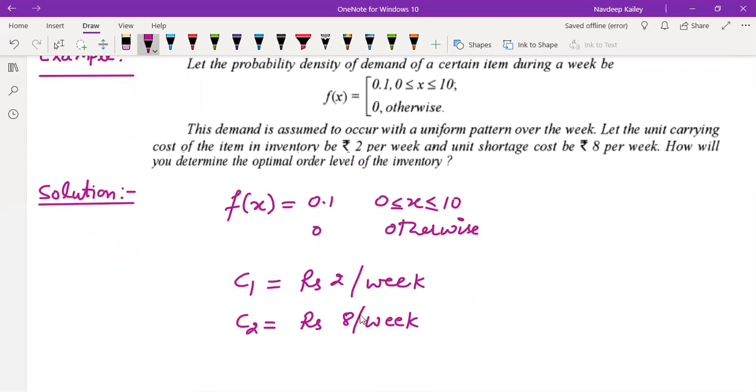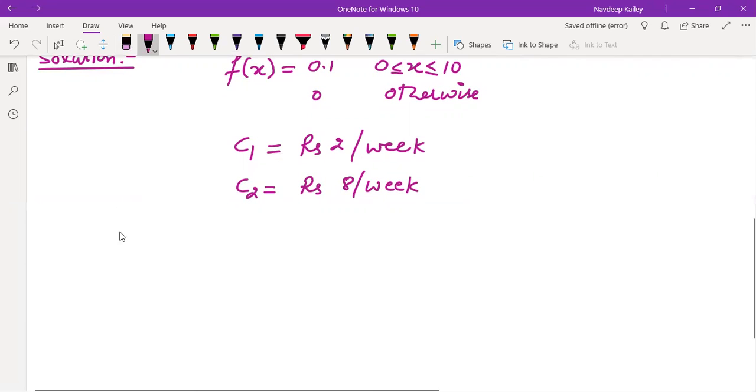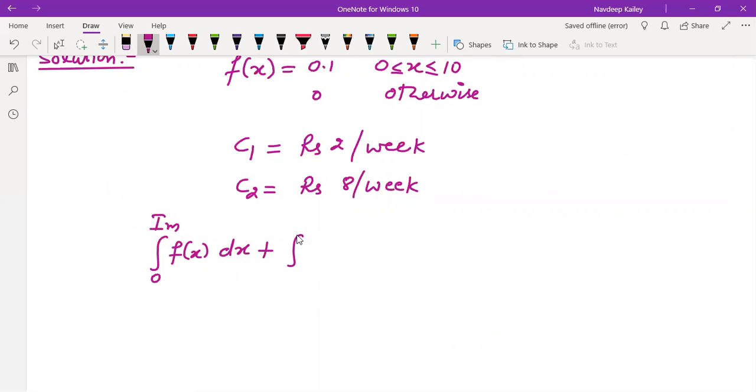As the demand is uniform over the week, the optimum level of the inventory Im is given by the formula integral from 0 to Im of f(x) dx plus Im times the integral from Im to infinity of f(x) by x dx is equal to C2 upon C1 plus C2.